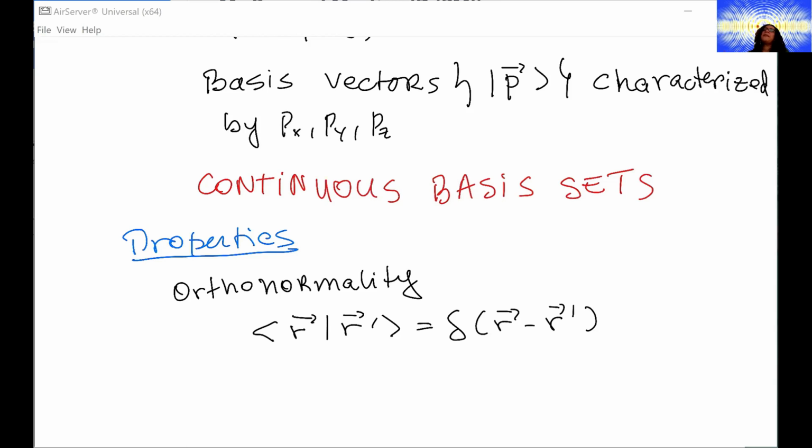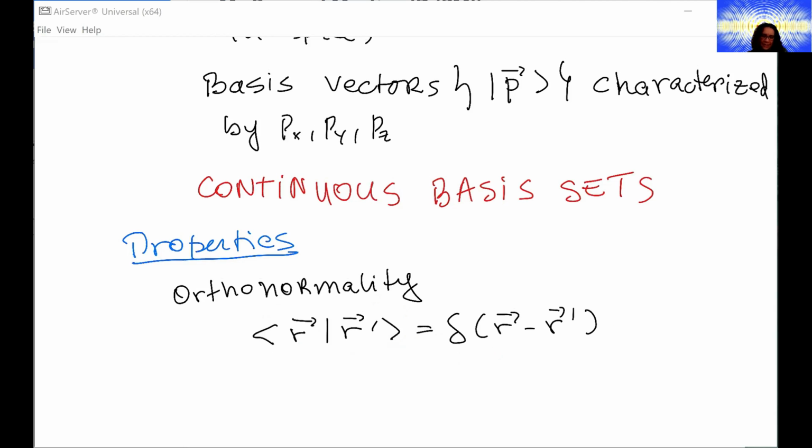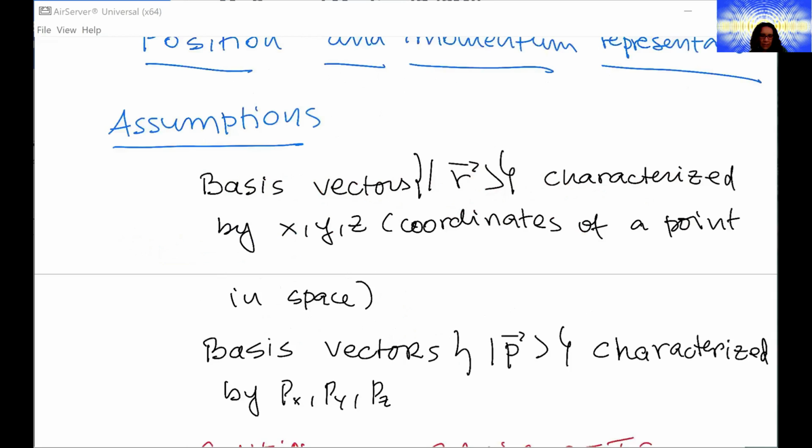So they're continuous, they are orthonormal. By definition, this property whereby I say that the inner product of bra r with ket r prime is delta of r minus r prime, whereby this is the Dirac delta function, has to hold. And if you look back, this was this property here. Can you see?